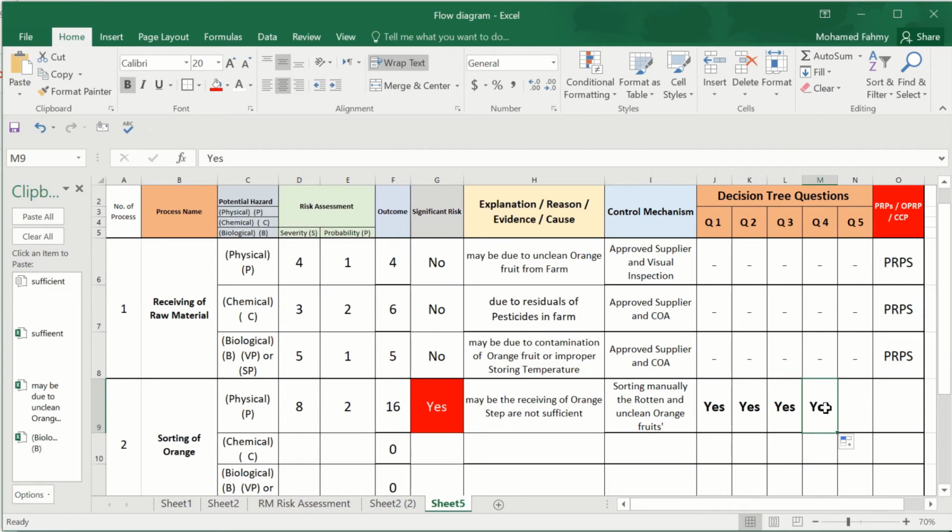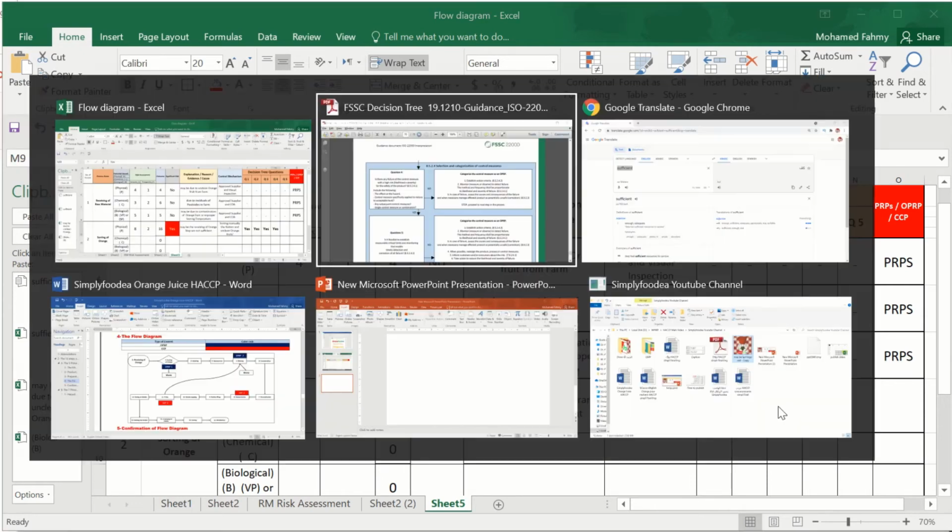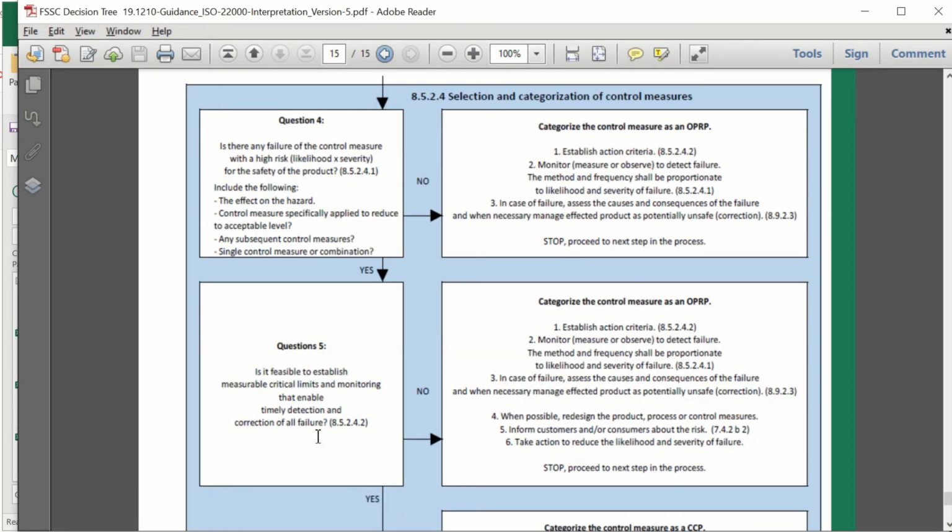We still haven't finished all the questions. Question number 5: is it feasible to establish measures with critical limits and monitoring that enable timely detection and correction of all failures? This question is very important. It means that if we have no control in this step, or this failure happens, is there no other control in your plan?